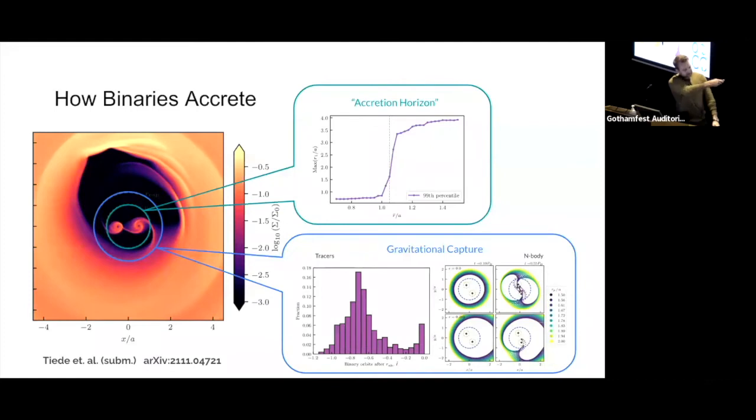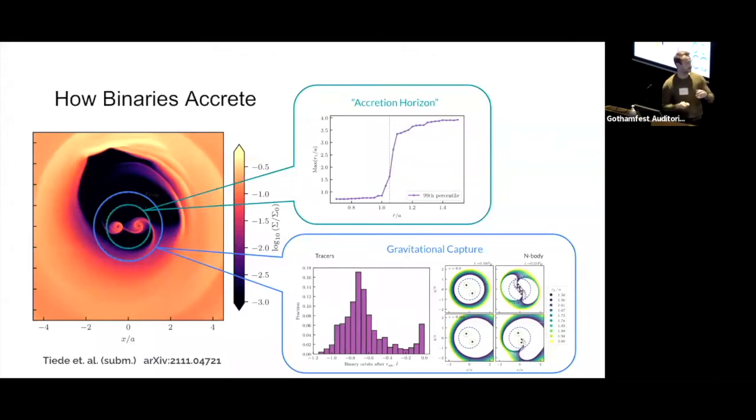You can see it down there on the bottom right if you consider an n-body simulation of a bunch of concentric rings of particles, put on initially Keplerian orbits with a binary going around. You find that you get these tidal deformations into streams that move them across the accretion horizon and even move material within the Hill sphere of individual components.